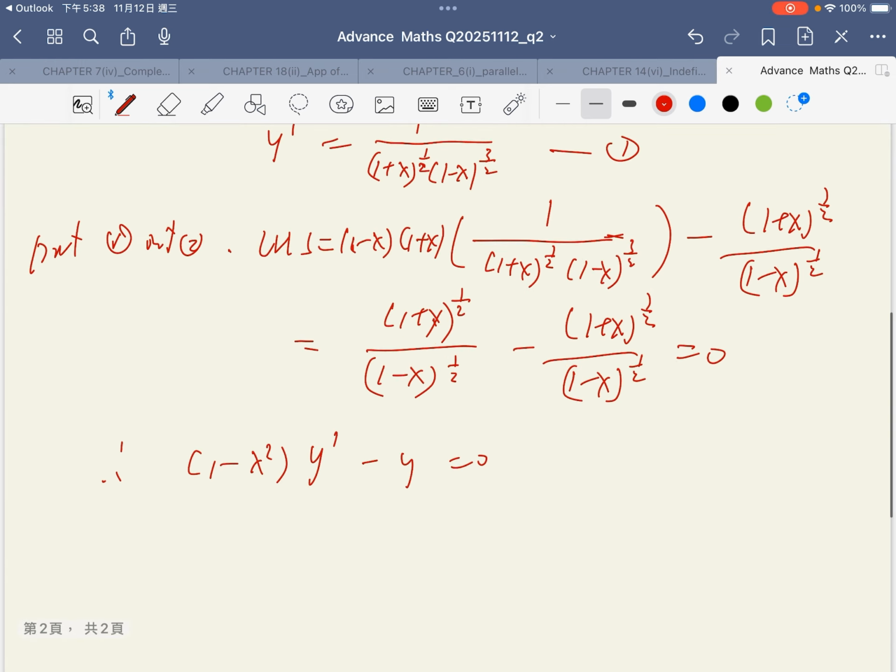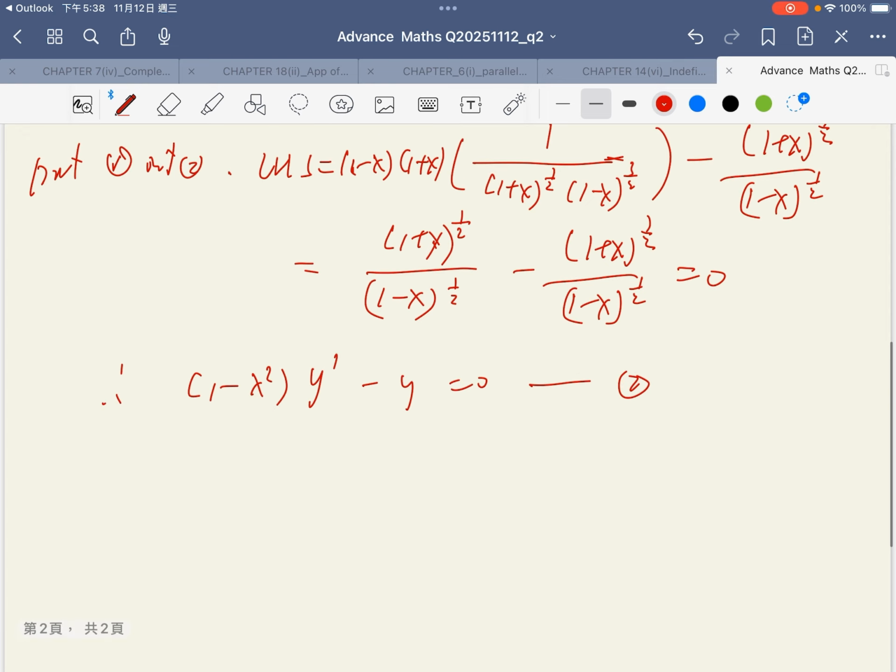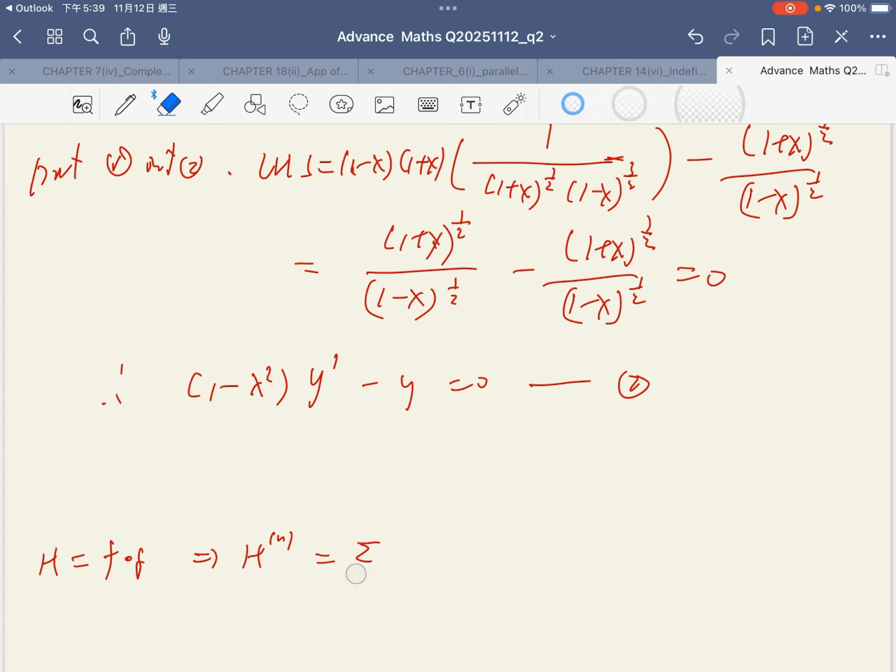Okay, then we use the Leibniz theorem. For example, if f equals f times g, then the Leibniz theorem tells us that the differentiation is a summation.